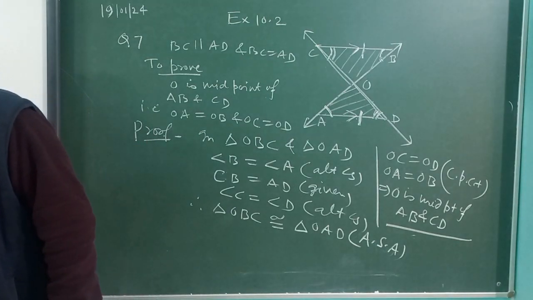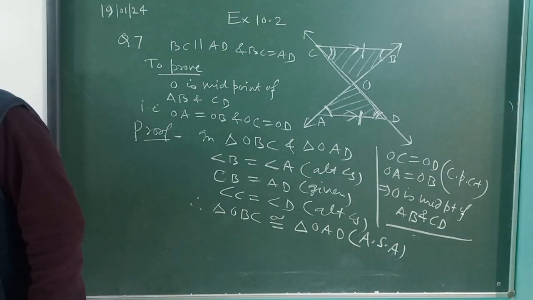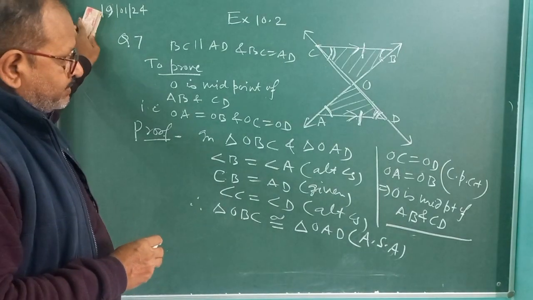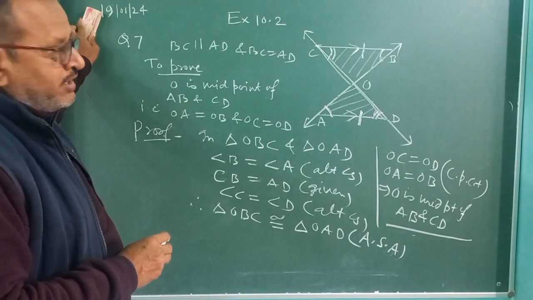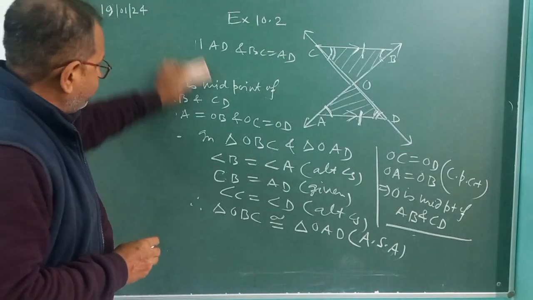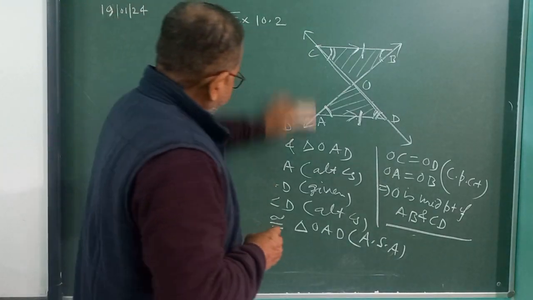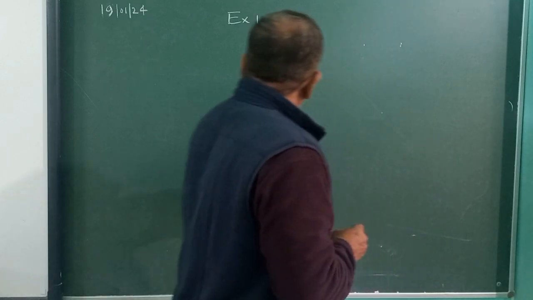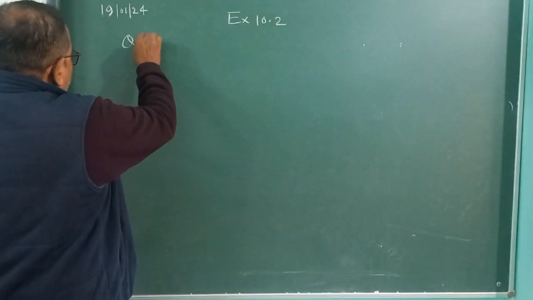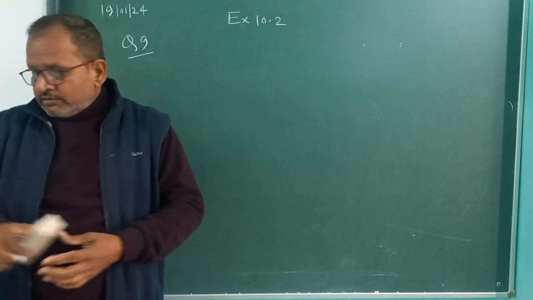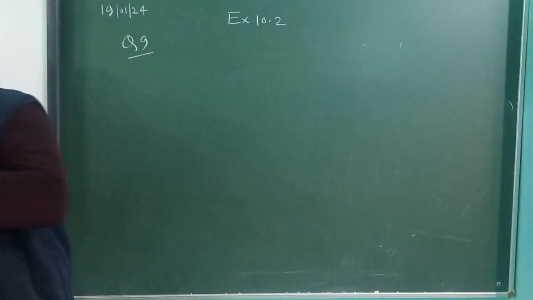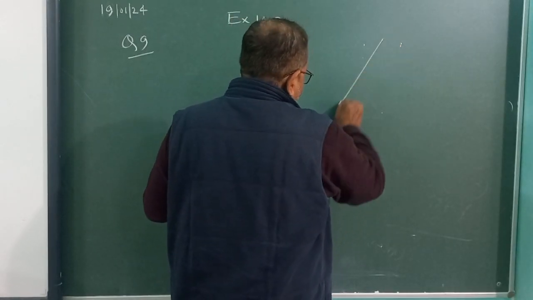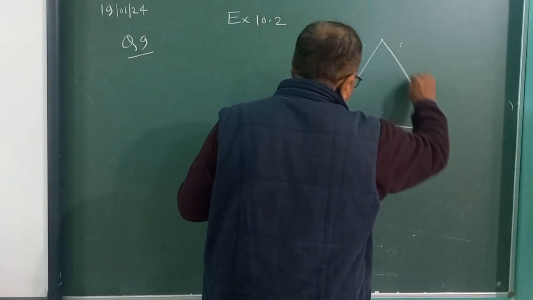Next, question number 9. So draw the figure of question number 9. In question number 9, there is a triangle ABC.